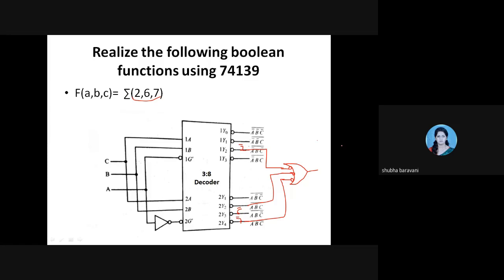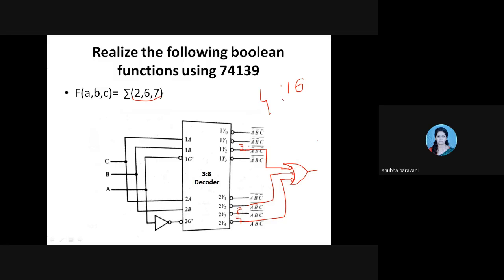Okay, right. So we'll finish it up here for today. Next class, this is your 3 to 8 decoder, which is designed from 2 to 4 decoders. We'll see in the next class how to design some higher order decoders. By that time you can try to draw a 4:16 decoder.